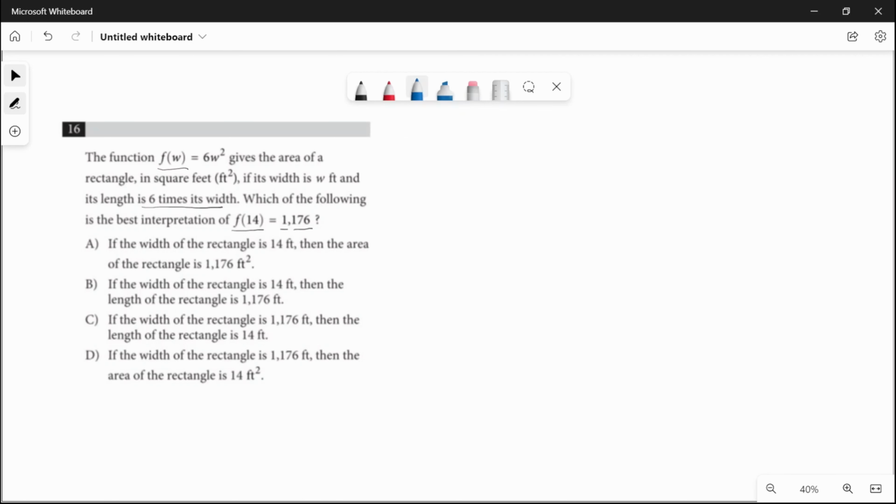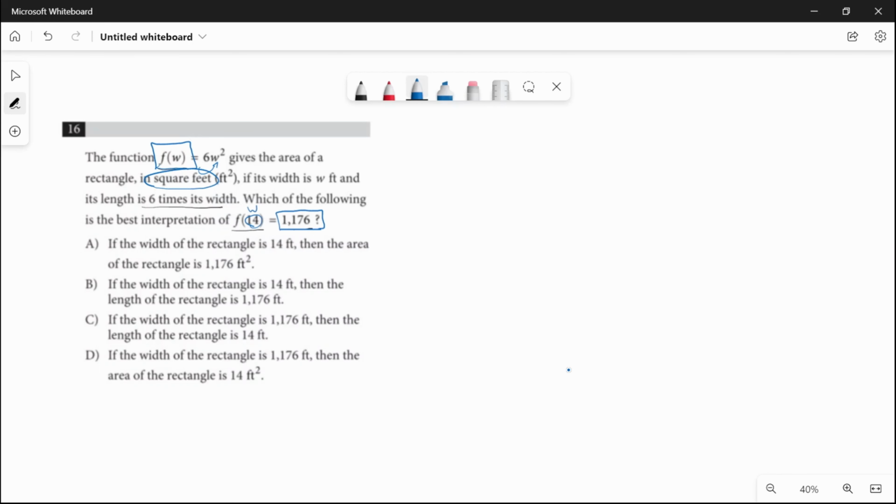So here we know that w is equal to 14, and when we plug in w equal to 14 into the function f of w, we get the value of 6w to the power of 2, which in this case is equal to 1176, which is in square feet.